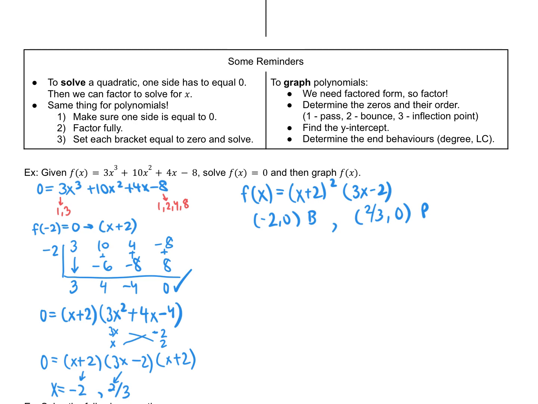I also see that I have a positive leading coefficient with an odd degree, which means we're going to have an overall upwards trend from quadrant 3 to quadrant 1. So now let's roughly sketch this. Oh, and actually we also know our y-intercept.